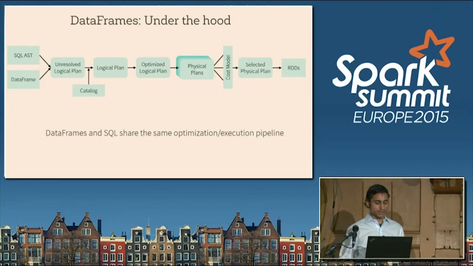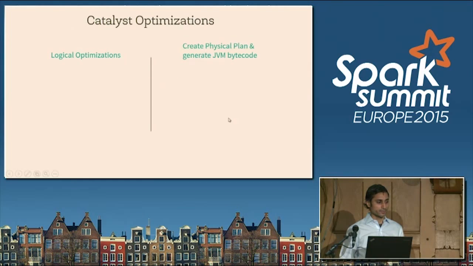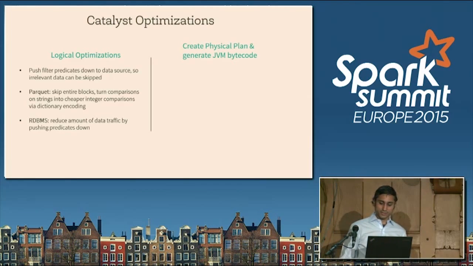And I wanted to talk just a little bit about some of the logical optimizations and the physical plan optimizations as well. So at a high level, there are two kinds of optimizations, these two. So first, Catalyst applies logical optimizations such as predicate pushdown. This is where the filter gets pushed down to the data source.